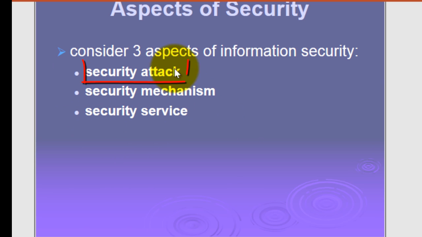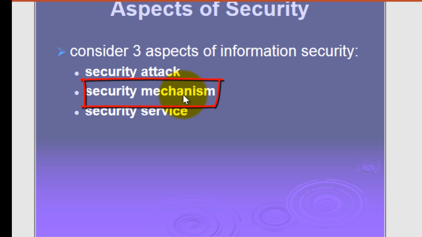Security attack is just an action, any action which compromises the security of an organization, which compromises your secured information. Whatever the action that may happen which affects your very crucial data is a security attack.